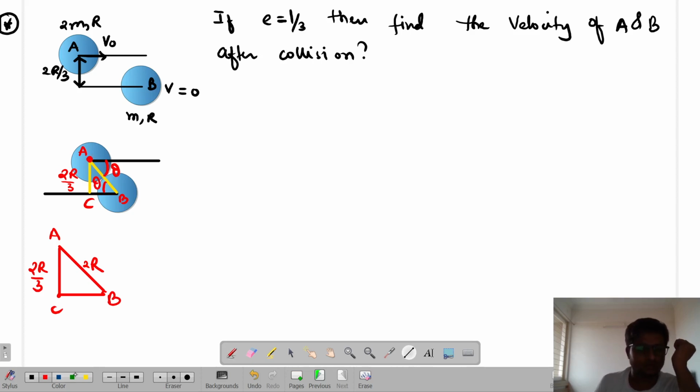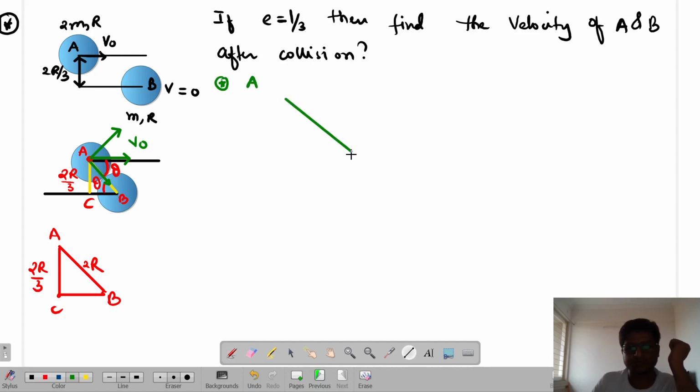Now velocity V0 was in this direction. So V0 will have two components during the time of collision, one along this side, one along this side, isn't it?